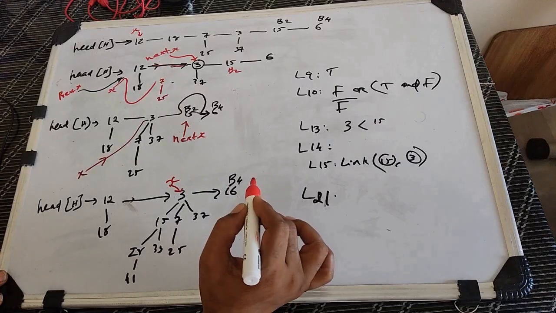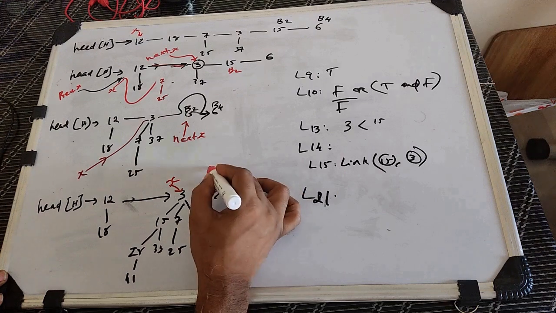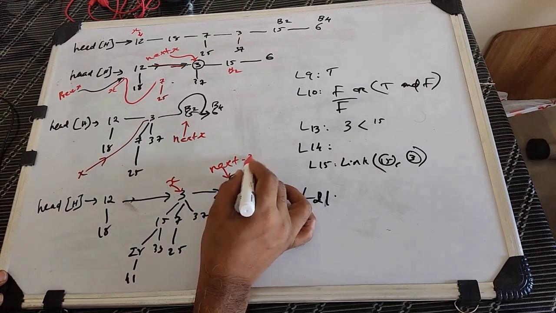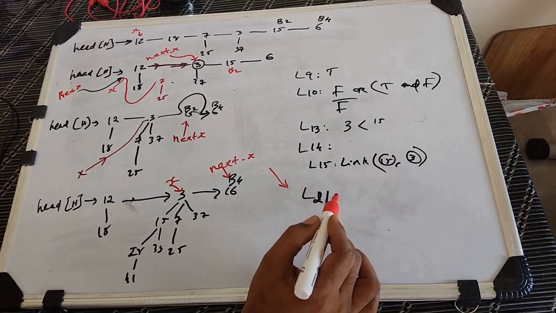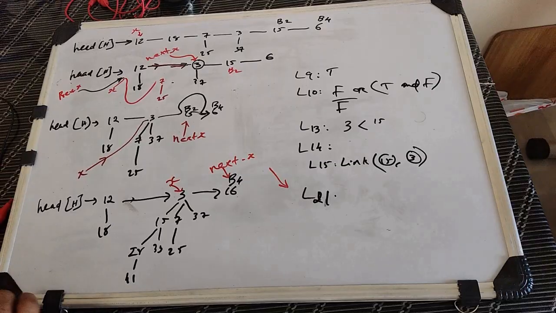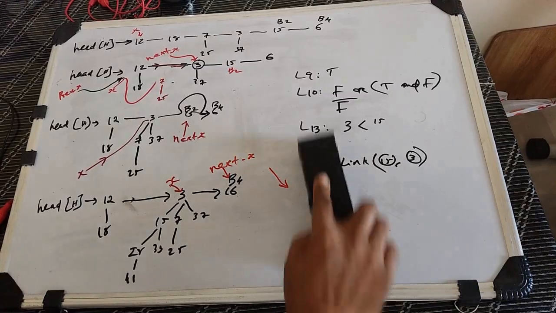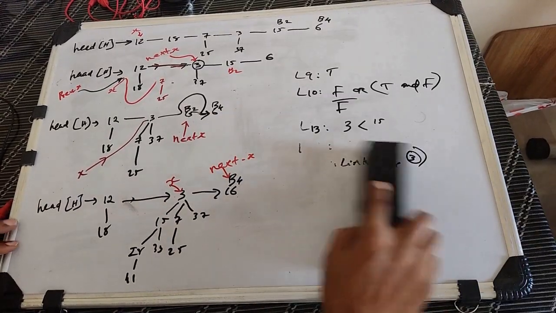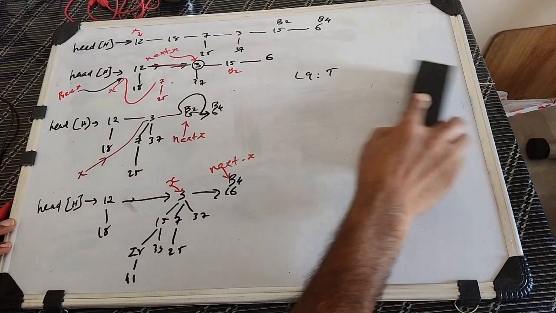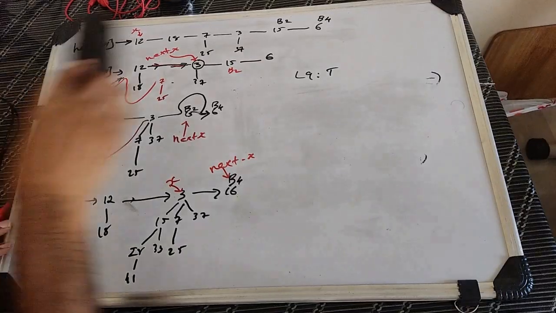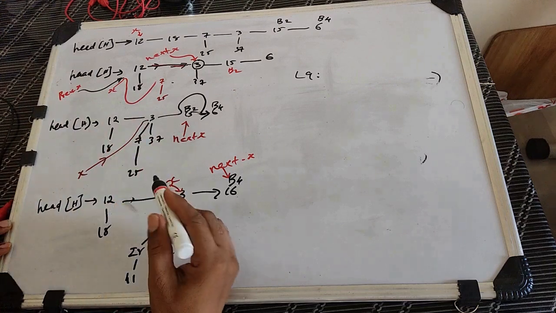Now next x equal to sibling of x, so this will be next x. All this is done by line number 21. Okay, again we are on line number 9. Line number 9, next x not equal to null.